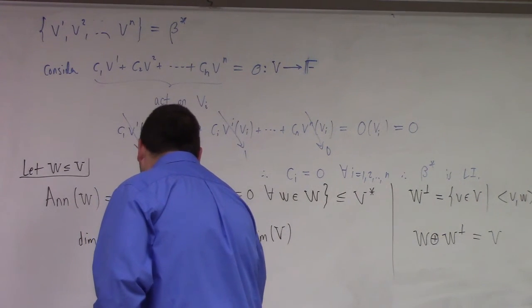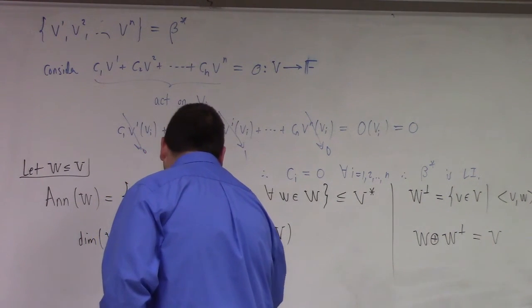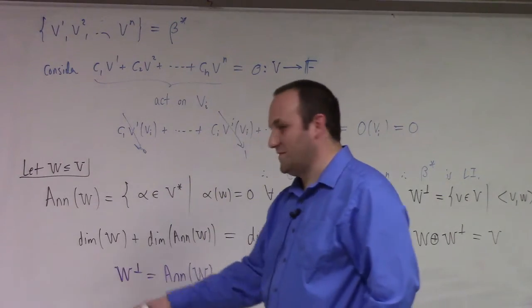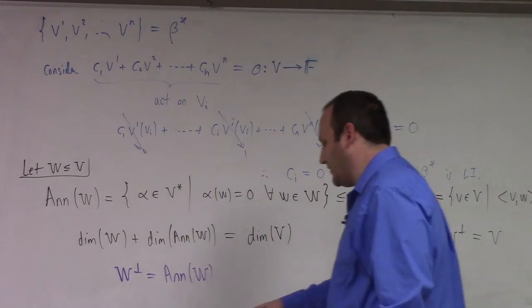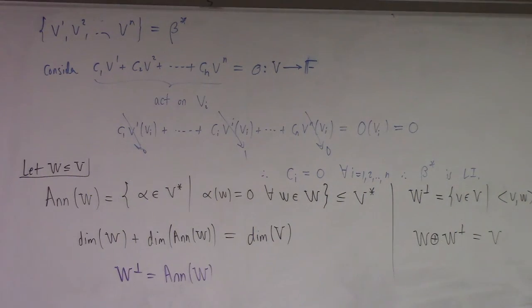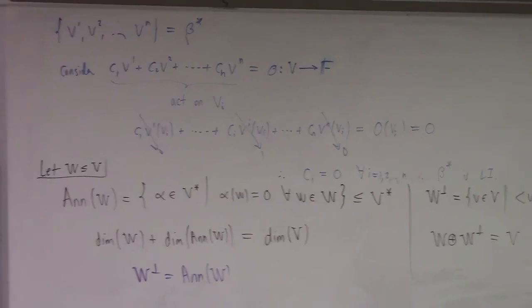In Lang, he doesn't talk about the annihilator. He just calls this thing the perp. But he then also works out things for much more general inner products than we've worked on, so-called non-degenerate scalar products, which includes other things like Minkowski space and more awful things.